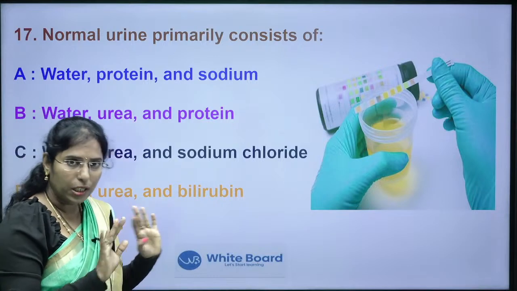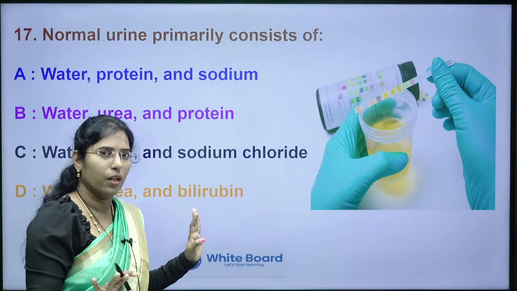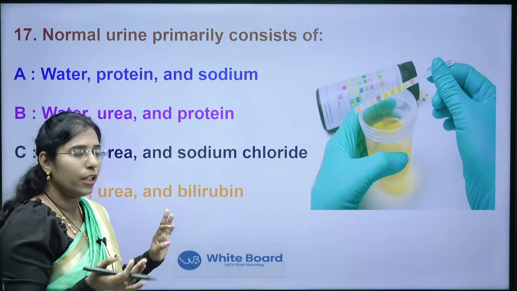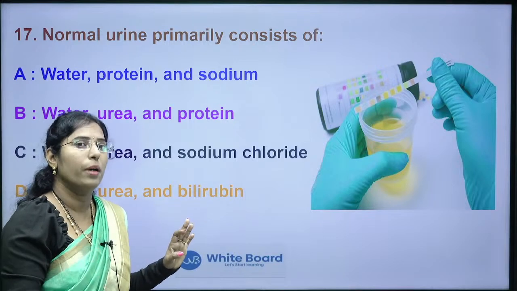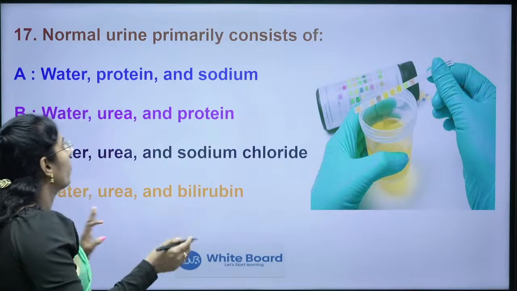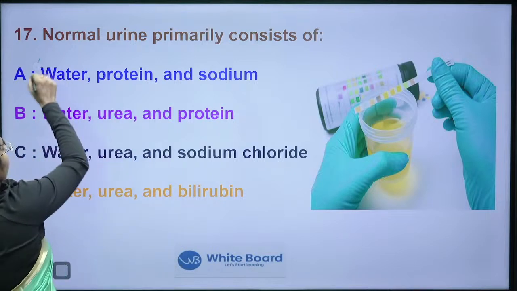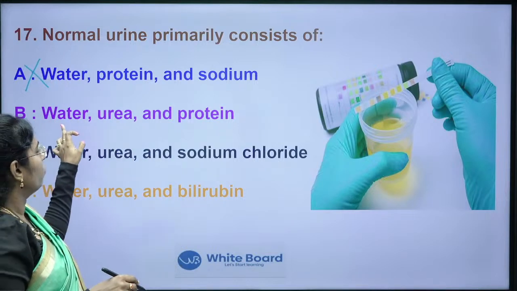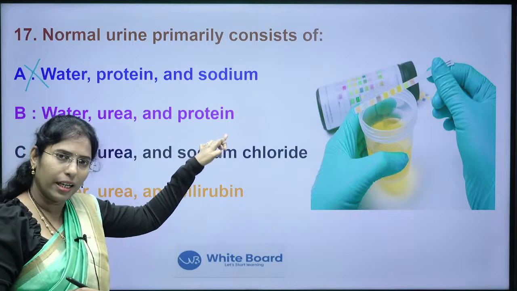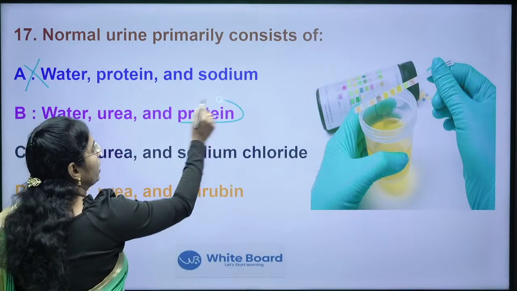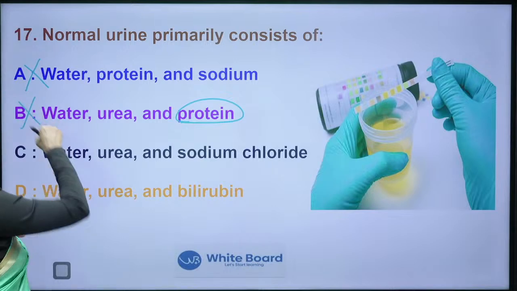Protein. Proteins will not be excreted in the urine. If proteins are excreted in the urine, it is considered an abnormal condition, that is proteinuria. So this is not the correct answer. And the second one: water, urea and protein. Again protein is given, so this is also not the correct answer.